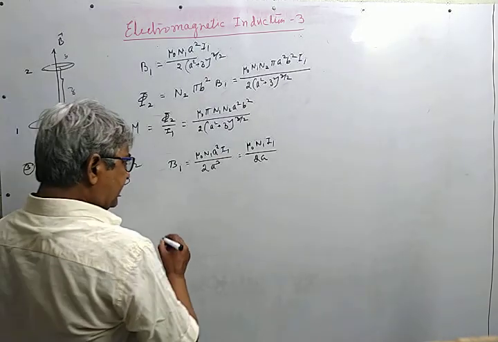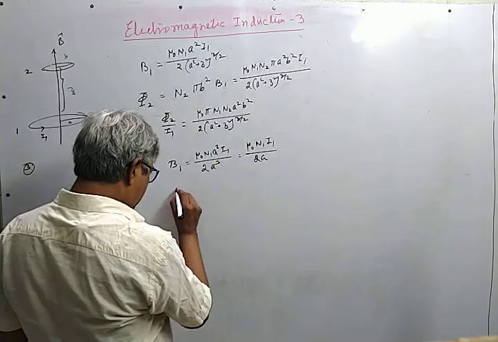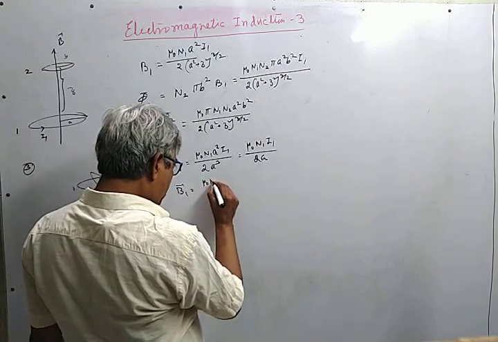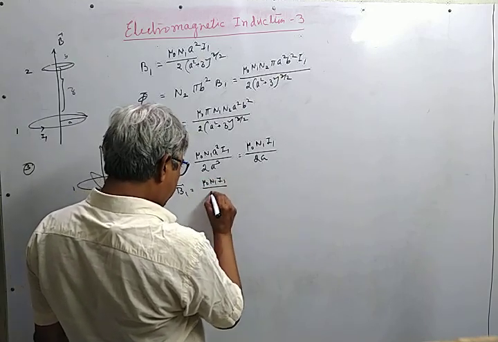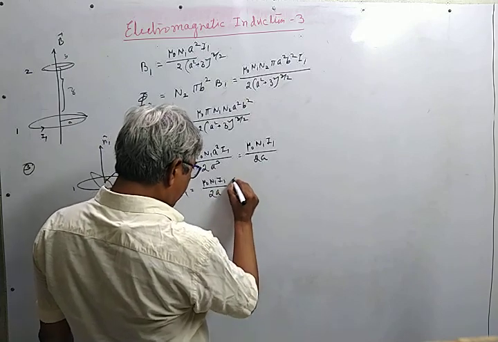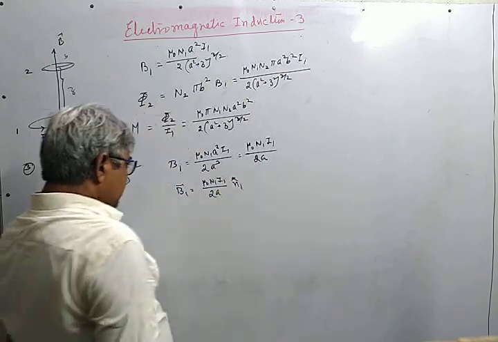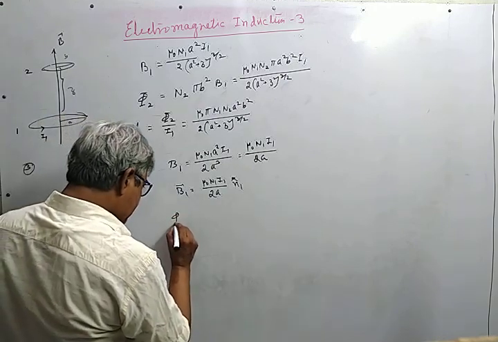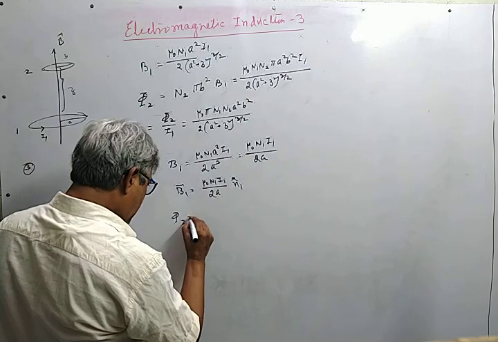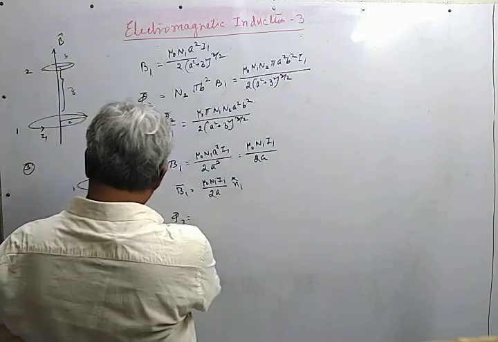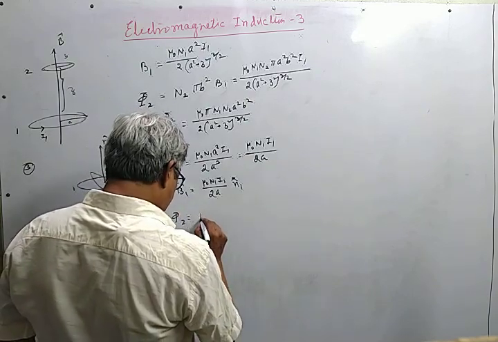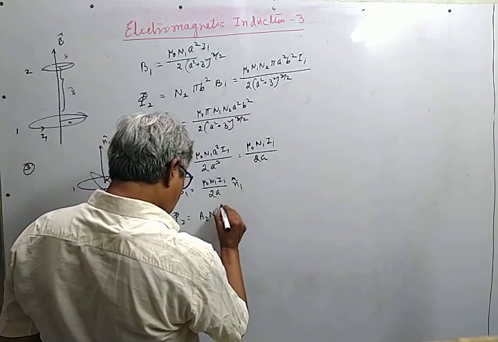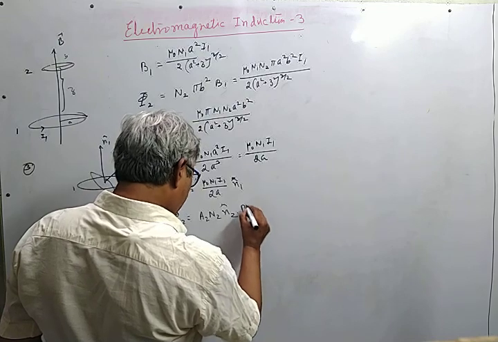The field, if we write it in the vector form, B1 is equal to mu 0 N1 I1 by 2a along n1 cap. The flux linked with these two is equal to the cross sectional area of 2, that is A2, N2, n2 cap, times B1.